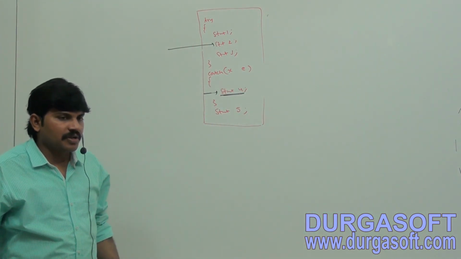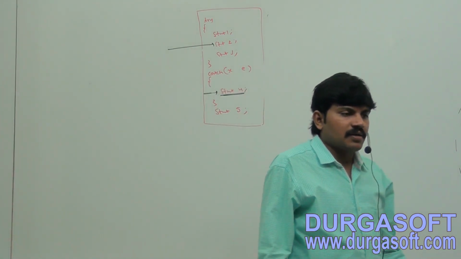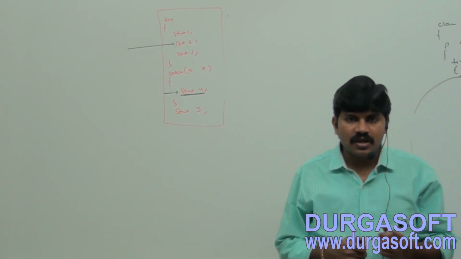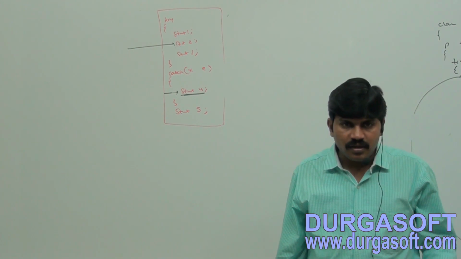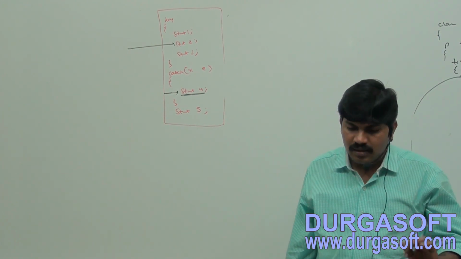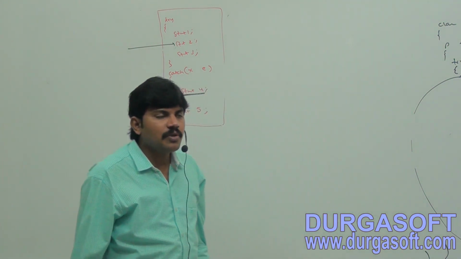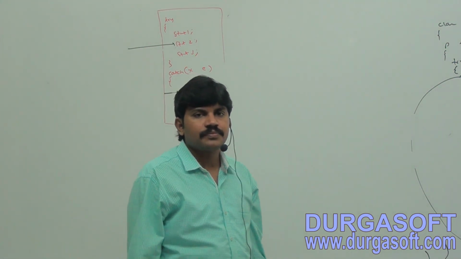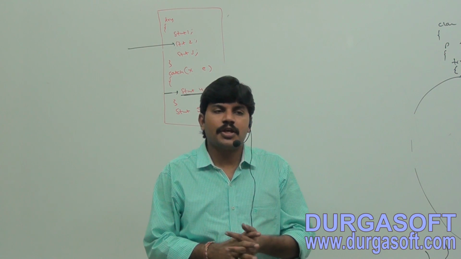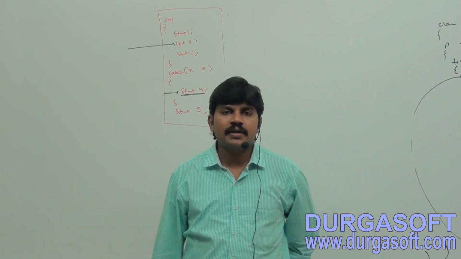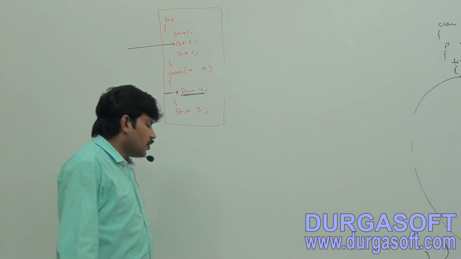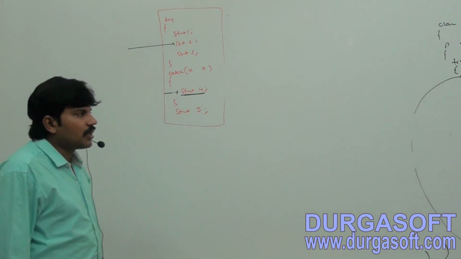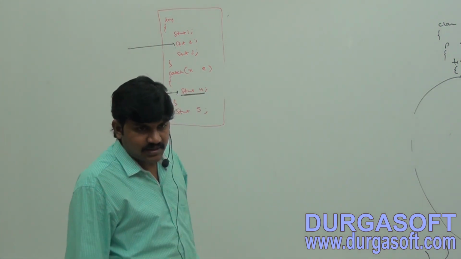Within the try block, if an exception is raised anywhere, then the rest of the try block won't be executed even though we handled that exception.